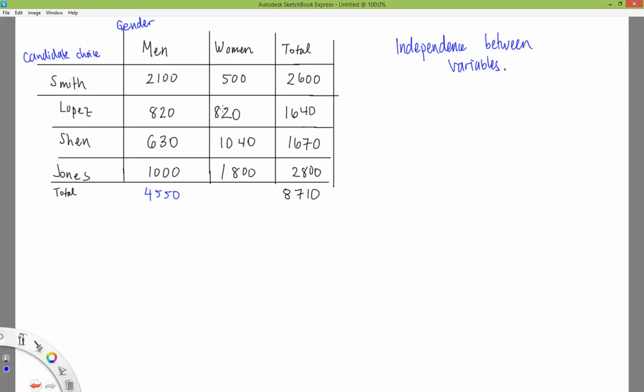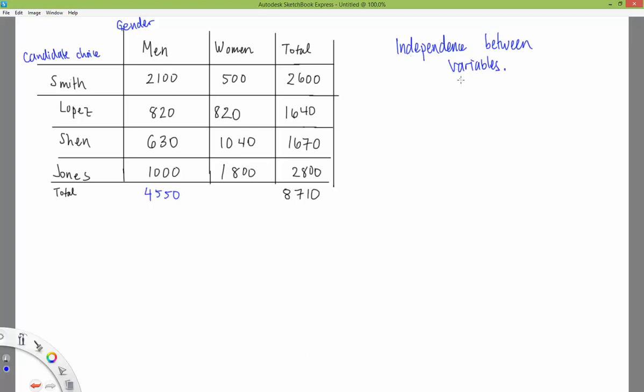And if gender is linked to candidate choice, then we would say the variables are not independent, or the variables are dependent on one another. If the candidate choice and gender are not linked, then we say the variables are independent.